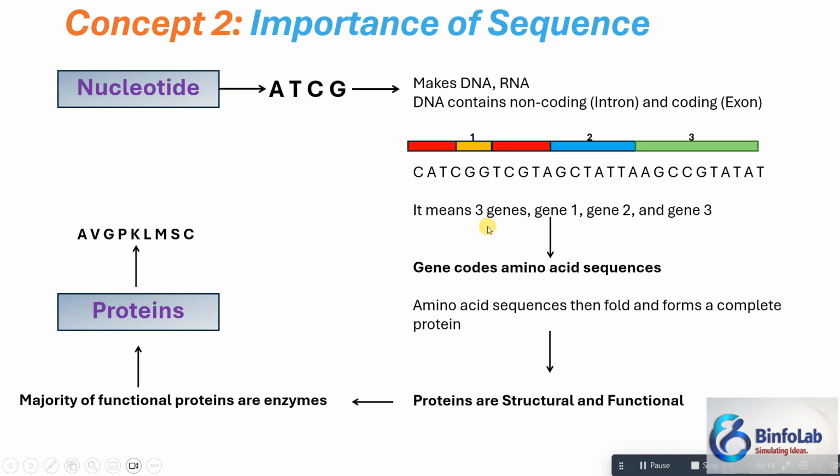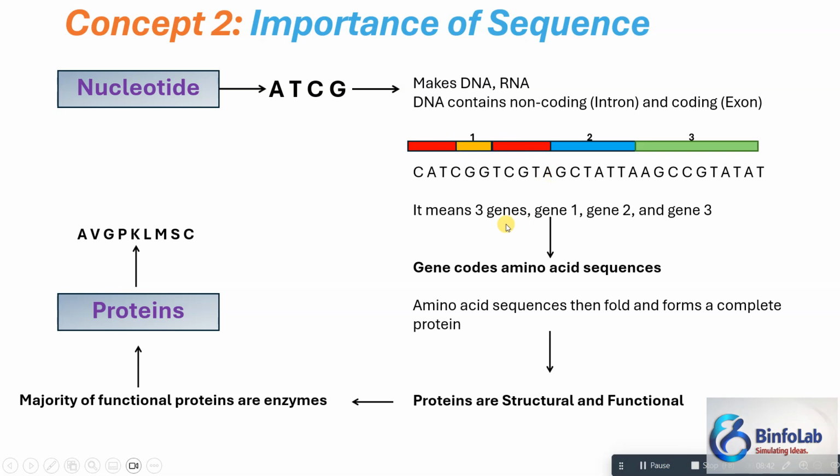To learn about this product, let's comprehend this figure. These red colors, I told you, are non-coding. So we can also say that in this DNA, we have three genes. How many genes? Three. Why did we exclude these two areas? Because they are non-coding.